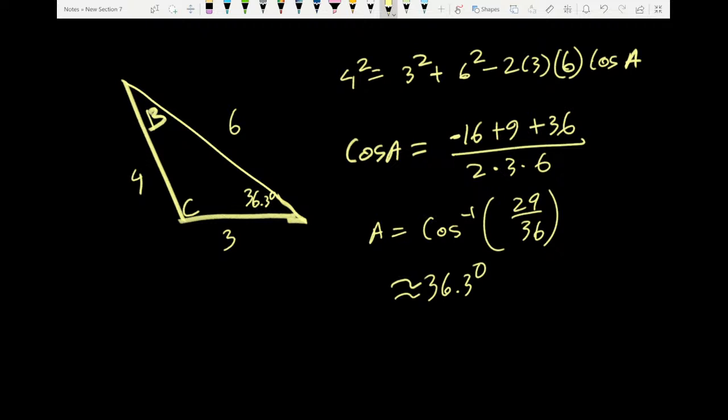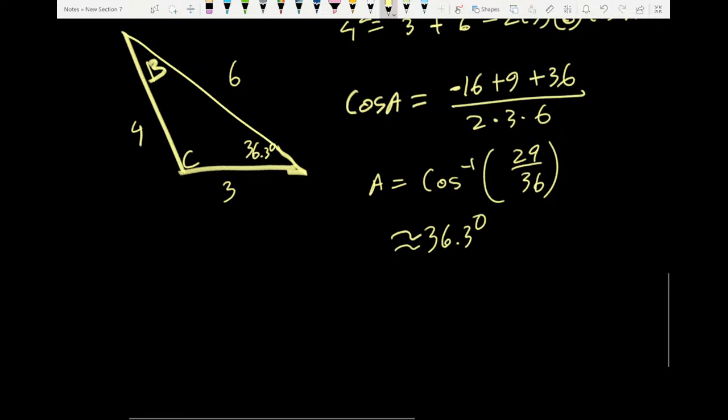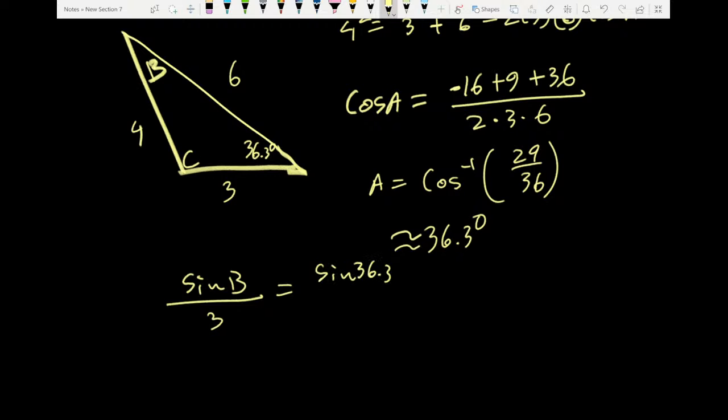Now, do you have to stick to law of cosine again? No, you could use law of sine to get the answer. Once you use law of cosine and you get one angle, you're not going to get two types of triangles. So we could use law of sine right away. So I get sine of B over 3 equals sine of 36.3 over 4.